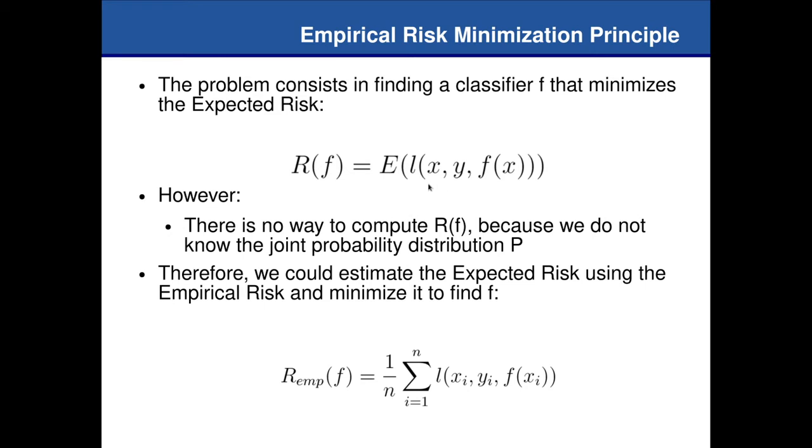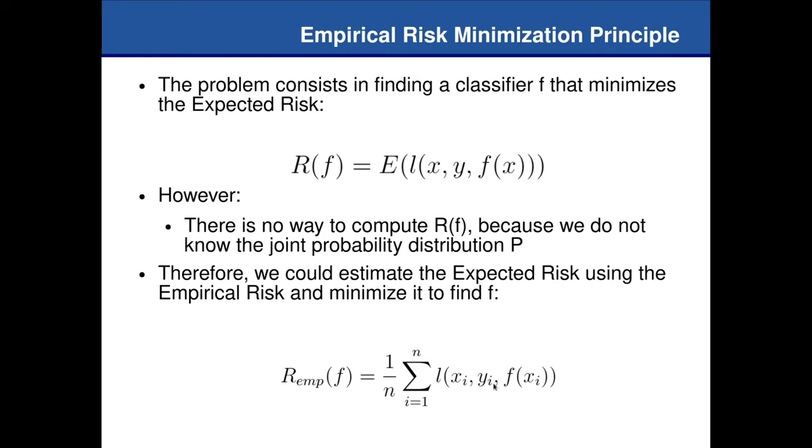So at the end of the day, I have the empirical risk as a possibility to be computed because I have access to a sample of size n, with n instances, which have the input variables and the expected output, and of course I can apply my classification function on top of those inputs to have some output, and verify if it's equal or how far it is from the expected result.